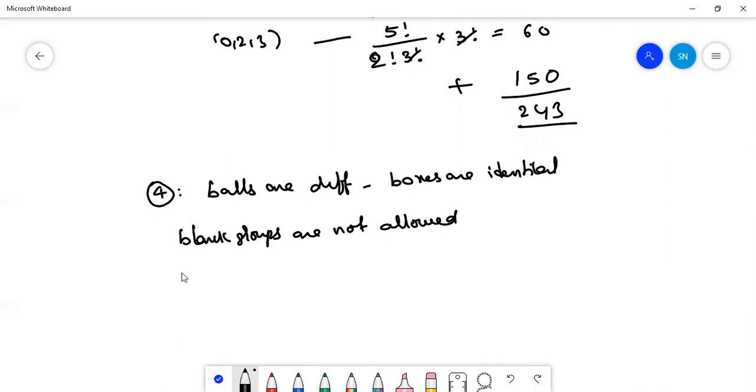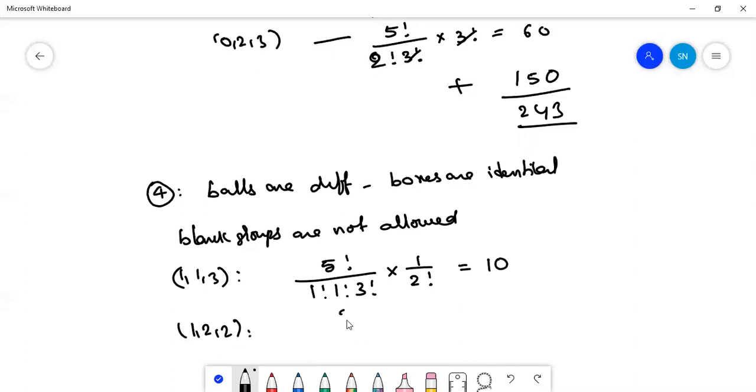Then we can make it into 1, 1, 3 as the first case, that is grouping 5 factorial by 1 factorial into 1 factorial into 3 factorial, into 1 over 2 factorial since there is an equal number in the first two groups. So this is equal to 5 factorial, 120, 5 into 4 is 20 by 2, that is 10 ways. There is no arrangement of these groups into three distinct boxes since all boxes are the same, no difference.